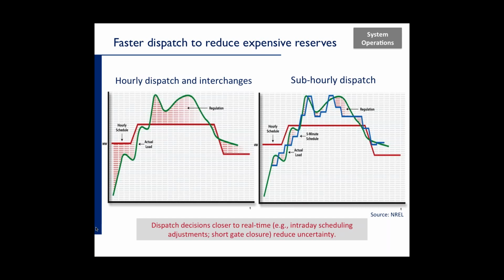The key thing to compare between these two figures is the amount of regulation that's needed. On the left, there's a lot of regulation required, and again, that's required to be provided by a small number of generating units on my system. On the right-hand side, I still have a small number of units providing the regulation, but there's clearly a lot less regulation that needs to be provided.